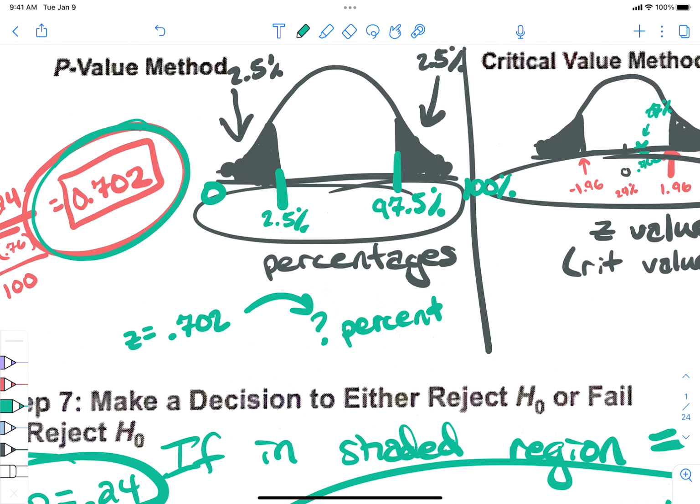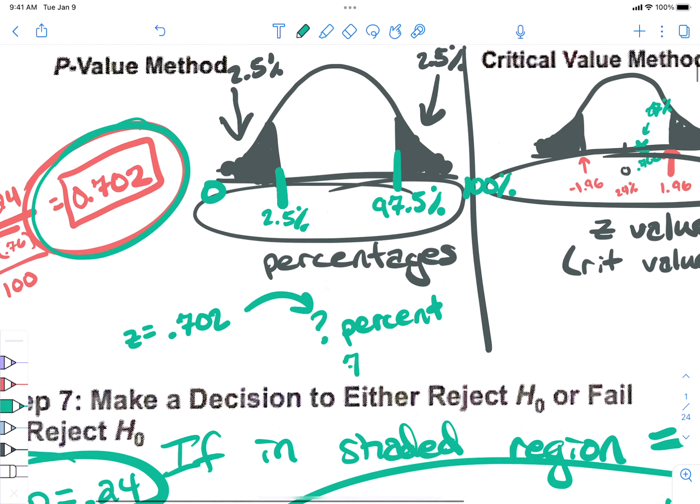You're on the positive side and you are looking for 0.70. It should be something like 0.7580. You see that? 0.7580, which means 75.8%.